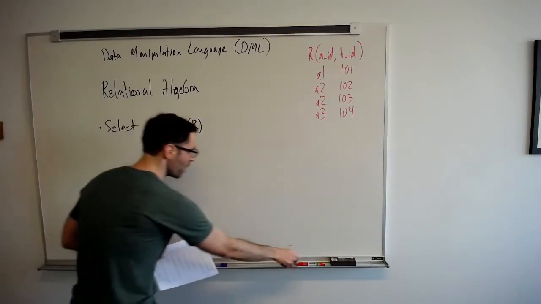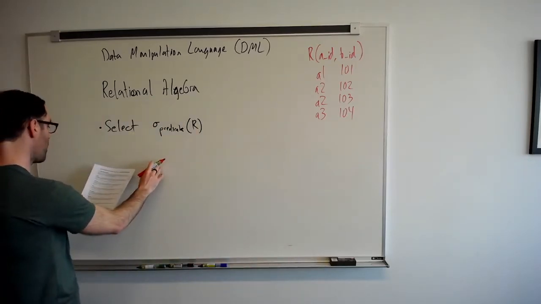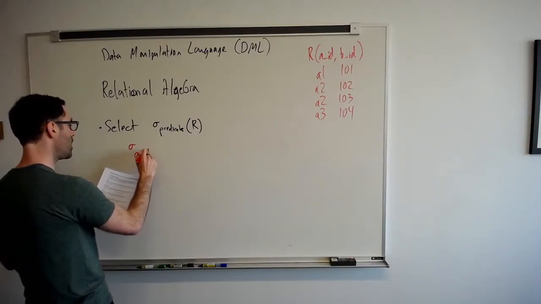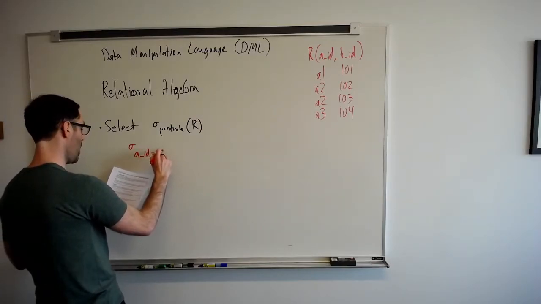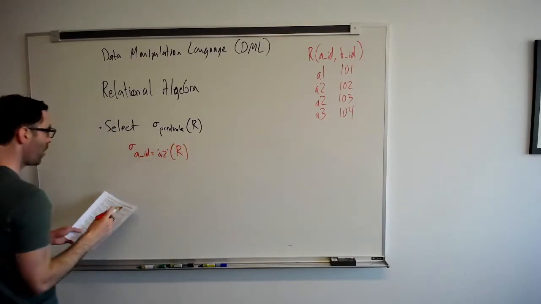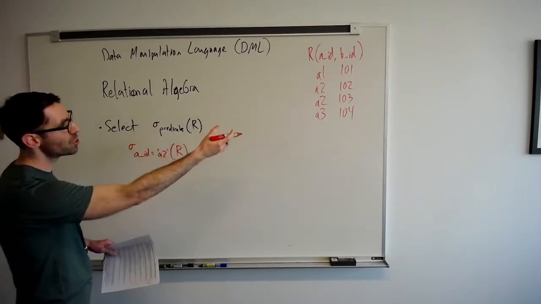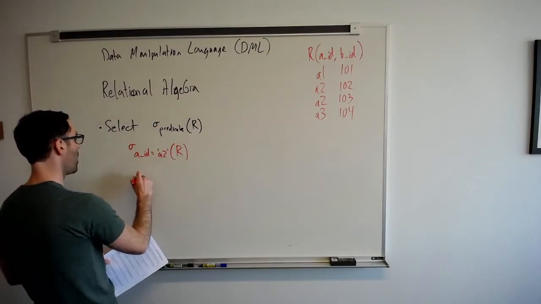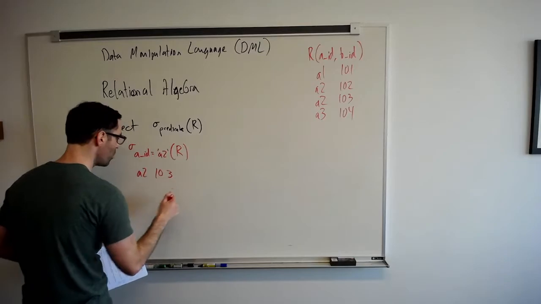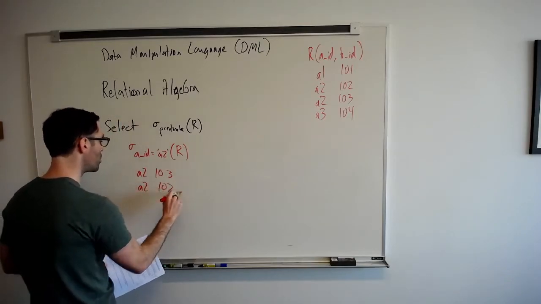So, for example, we could say select where AID equals A2 from our relation R, and we could get out the tuples A2, 103 or A2, 102.